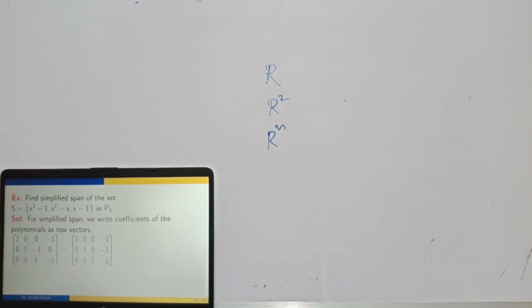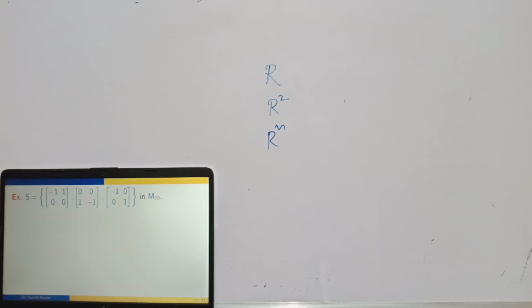For polynomials also you can find the span in the same manner, meaning you just write their coefficients and then find RREF. So using this approach you can find the linear span, meaning the simplified span. For matrices also you can follow the same approach for finding the simplified span.